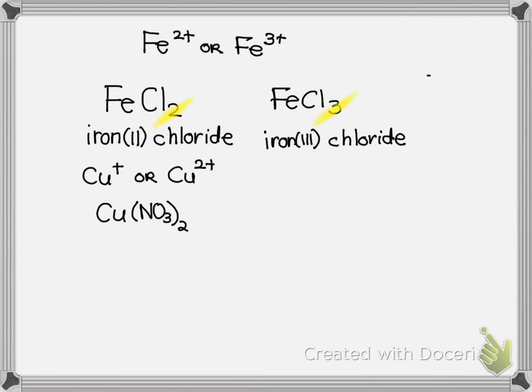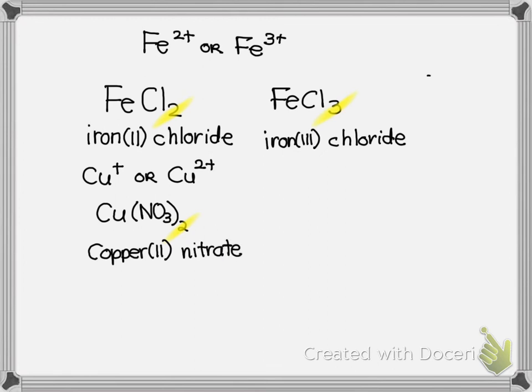So even with polyatomic ions, to know if copper is a 1 or a 2, I can look over. It takes 2 nitrates to balance that copper. So that means copper must be a charge of 2 because it takes 2 of the anions to balance it. And then NO3 has a name of nitrate.